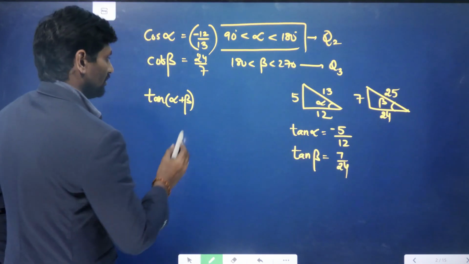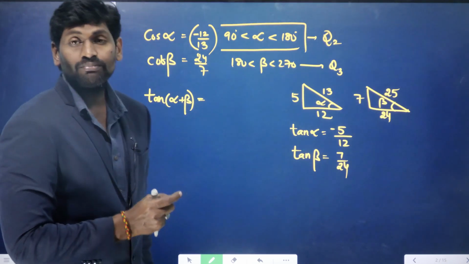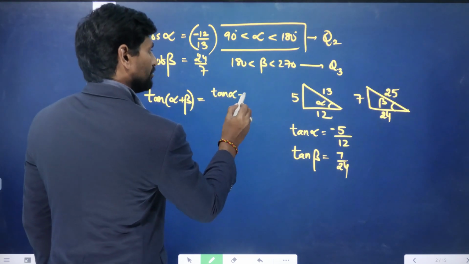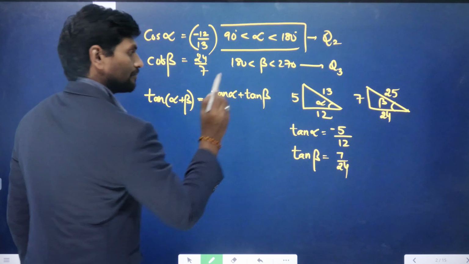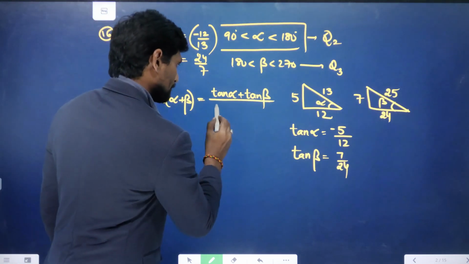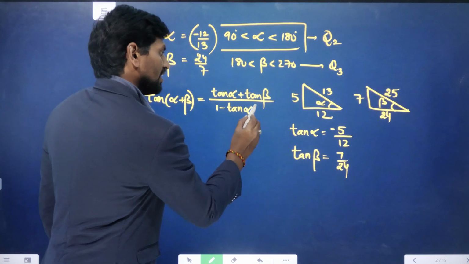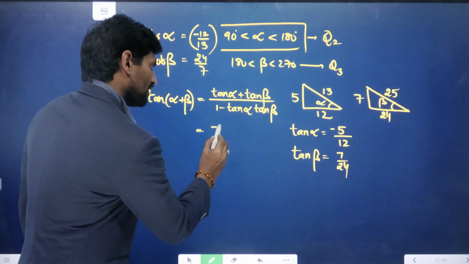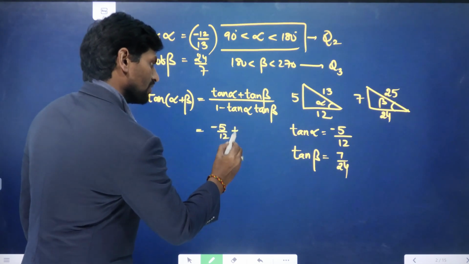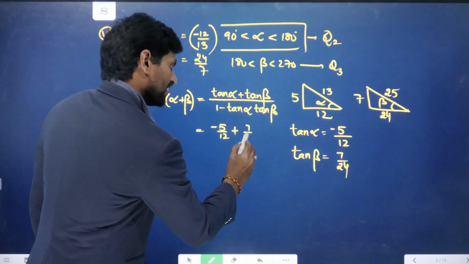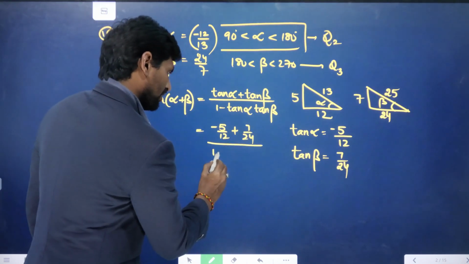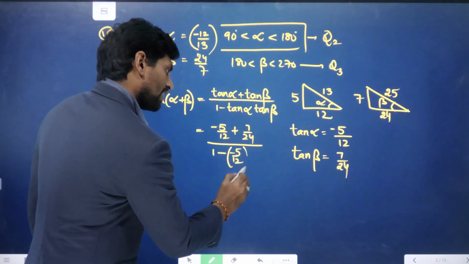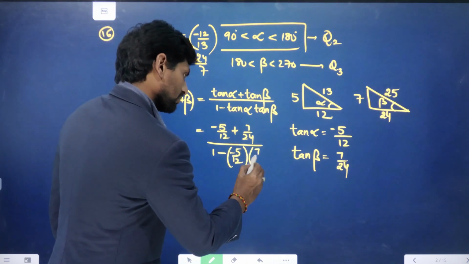Yeah, let us substitute the values. For tan alpha plus beta, we use the tan A plus B formula: tan A plus tan B by 1 minus tan A tan B. Okay, now the tan alpha value is minus 5 by 12 and the tan beta value is 7 by 24, divided by 1 minus tan alpha, minus 5 by 12, times tan beta, 7 by 24.